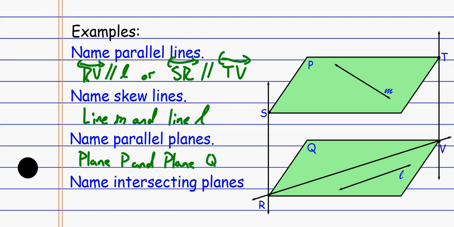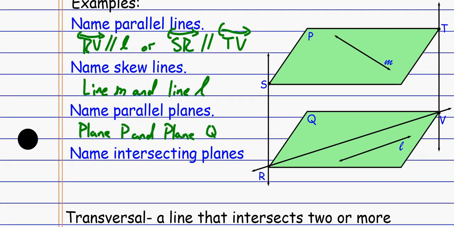And then name the intersecting planes. Here you have to think outside the box a little bit, because when we look at this, it appears that the only 2 planes drawn don't intersect. But remember, planes exist all over the place. Even if they're not drawn, they still exist.